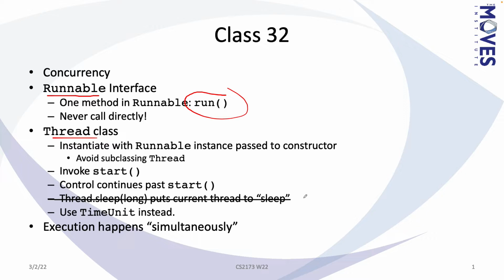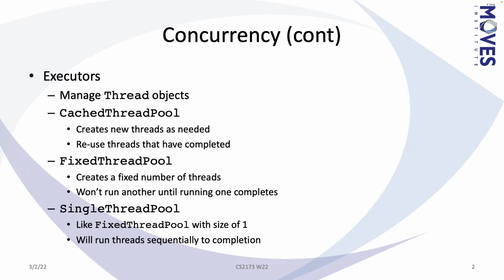That might be reading data from the internet, or opening up a socket and having stuff come in. In the old days, this thread sleep thing is something that was done, but then they fixed that, and they have a class called TimeUnit, which we'll see, and that's a better way to do some sleeping. The thing is that it happens simultaneously, and as you'll see when we do some examples, there will be stuff happening at the same time.